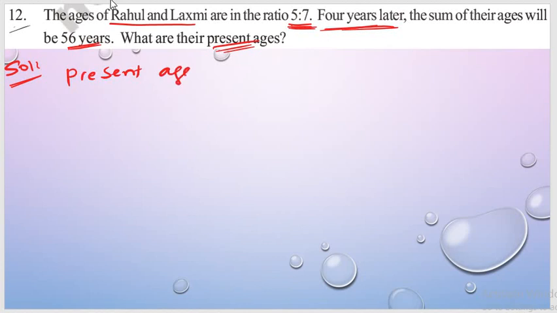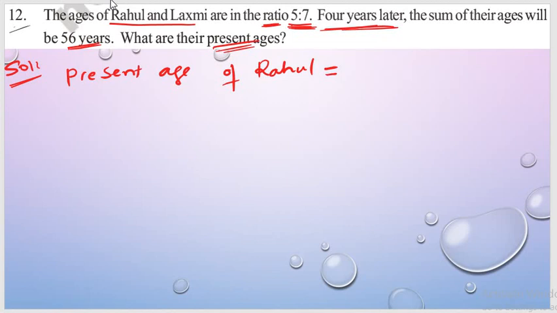So first of all, the present age of Rahul. Whenever you are having a ratio, if you want to write them individually, you need to multiply with some constant. So here Rahul's age is 5 and Lakshmi's age is 7 times some particular value.